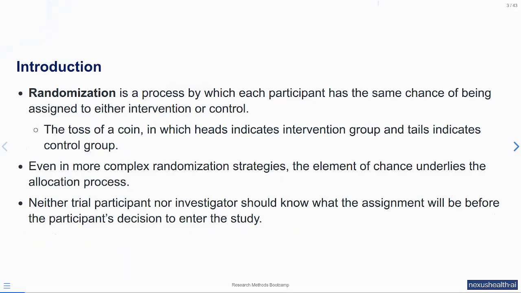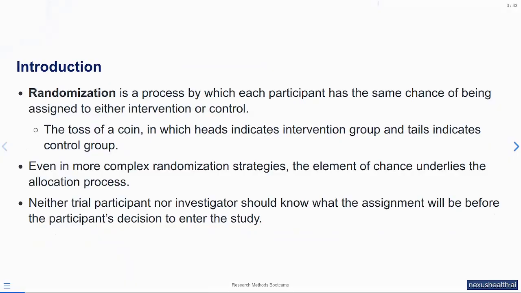Randomization is a process by which each participant has the same chance of being assigned to either intervention or control. For example, consider that we allocate participants to either intervention or some other control group using the toss of a coin.